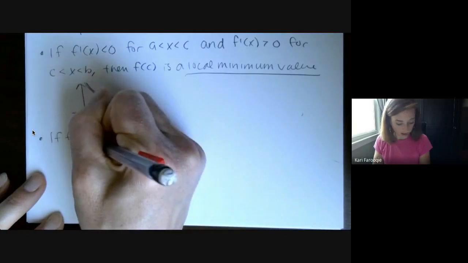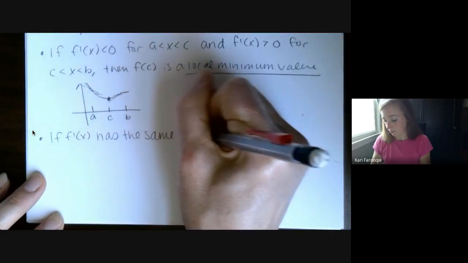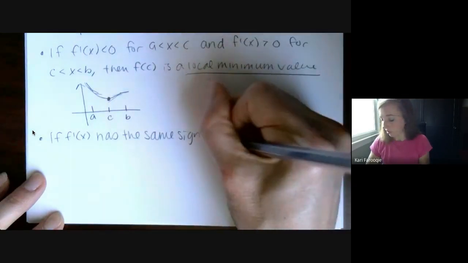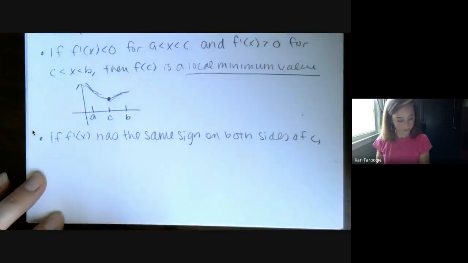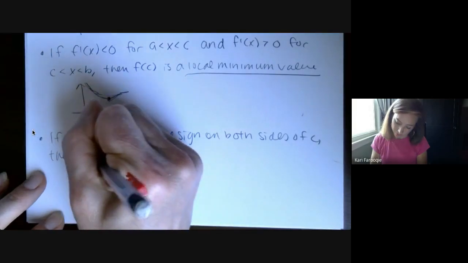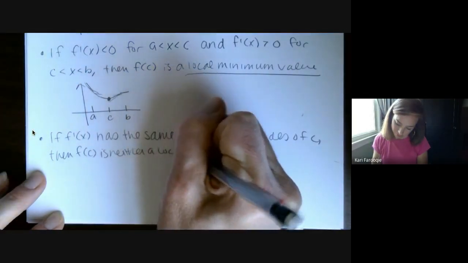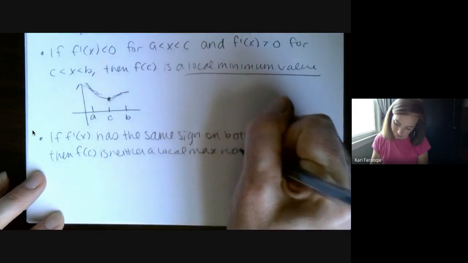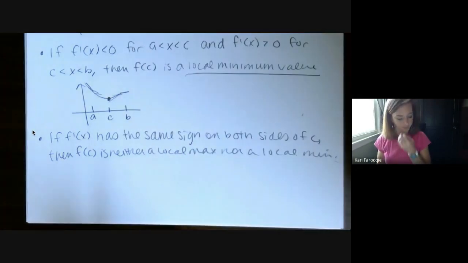If f prime of x has the same sign on both sides of C, then f of C is neither a local max nor a local min. Okay.